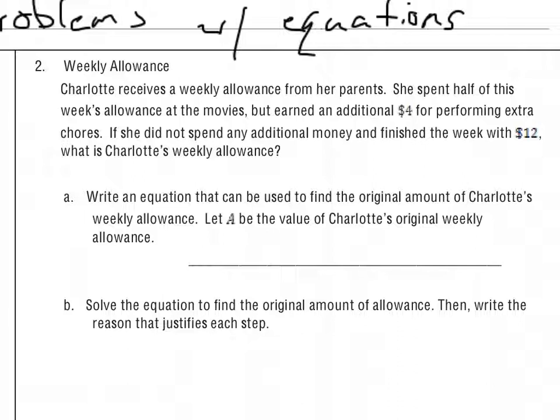When we look at this, she spends half of whatever that value is. It tells us that we're going to use the unknown A. She spends half of her allowance, but adds 4 to it and ends up with 12. So walking through that, you should be able to write an equation.